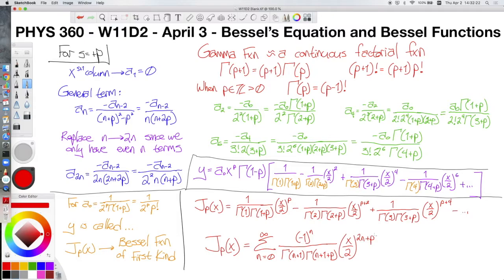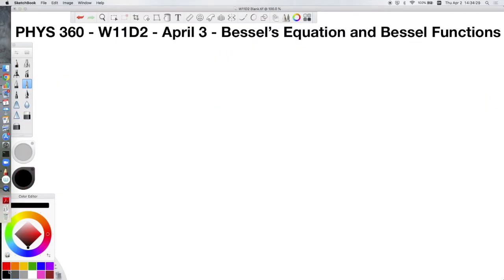And this is our Bessel function of the first kind. Now we want to do the same thing to try to find Bessel functions of the second kind. When s equals negative p, the solution we get will be called a Bessel function of the second kind.